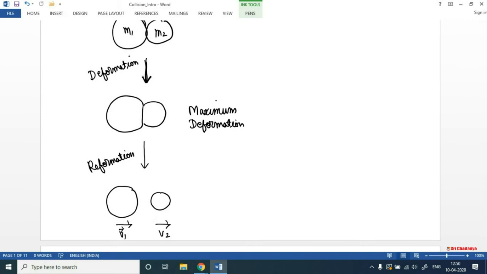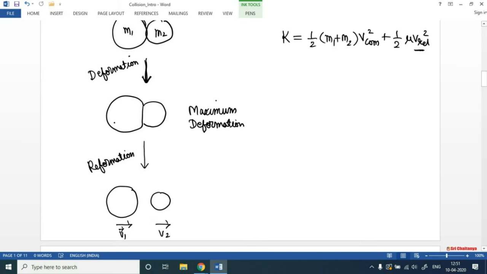In the previous class we saw that the kinetic energy can be written as half times the total mass of the system, that is m1 plus m2, times velocity of center of mass squared, plus half times mu times v relative squared. During the deformation, maximum deformation will be when V relative becomes zero.